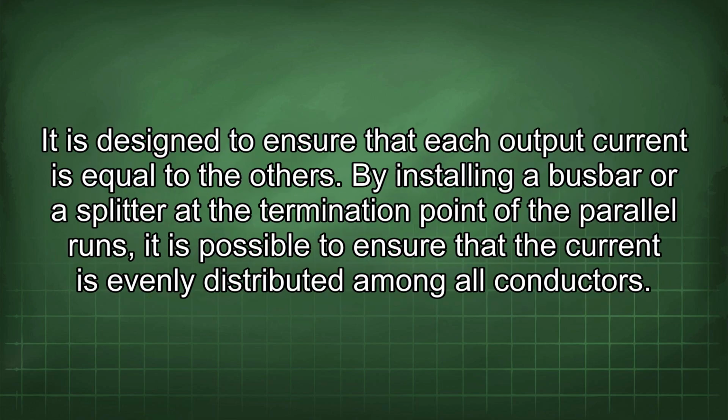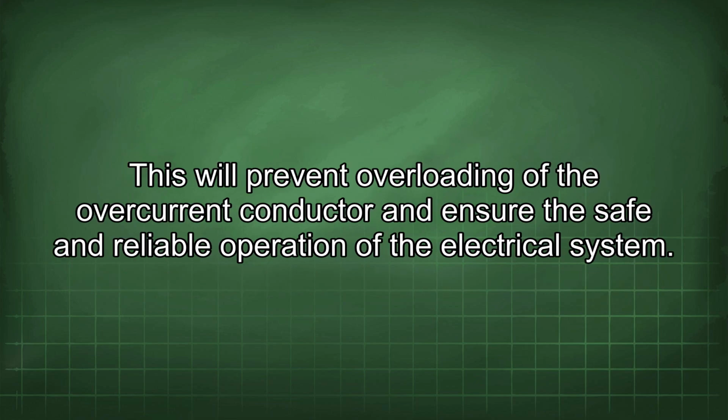It is designed to ensure that each output current is equal to the others. By installing a busbar or a splitter at the termination point of the parallel runs, it is possible to ensure that the current is evenly distributed among all conductors. This will prevent overloading of the overcurrent conductor and ensure the safe and reliable operation of the electrical system.